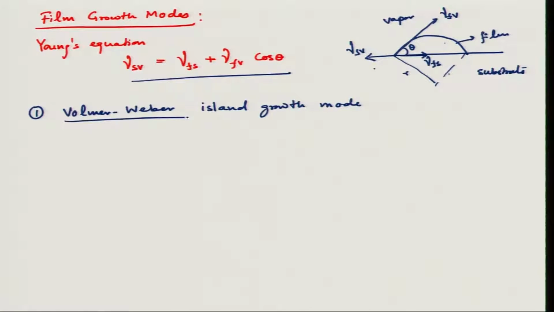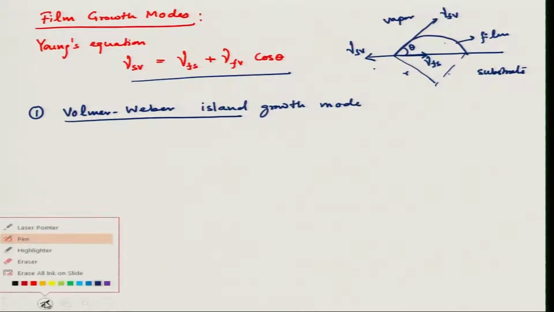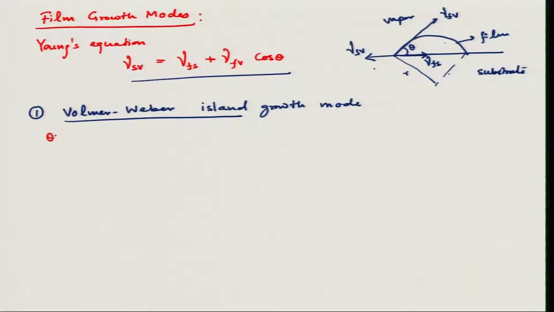Okay. So, for this growth mode, theta is greater than 0. Okay. So, it is not wetting, and also gamma SV is less than gamma FS plus gamma FV.